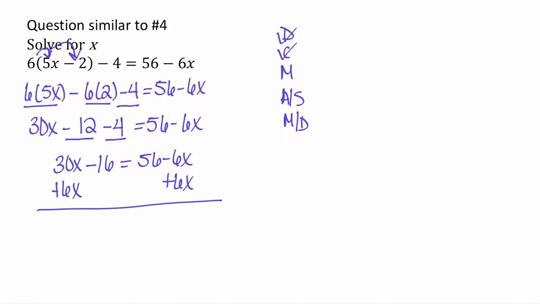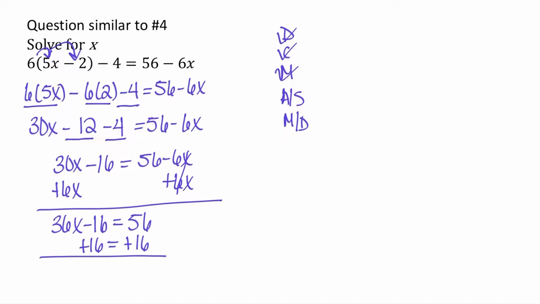So when I do that on the left, I get 30x plus 6x, which is 36x, minus 16 equals 56. Minus 6x and plus 6x will cancel. So now I'm at my add or subtract step. So I have minus 16, so I do the opposite, and I'm going to add 16 to both sides.